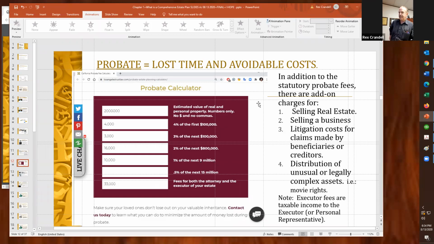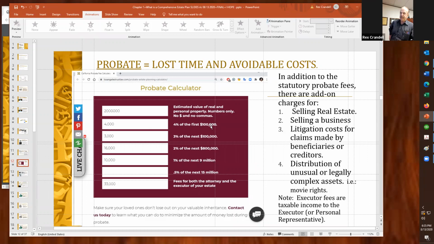The statutory probate fee is 4% of the first 100,000, 3% of the next 100,000, then 2% of the next 800,000.